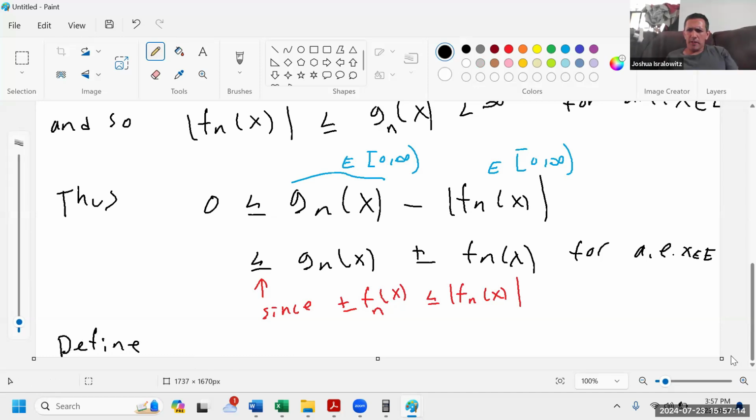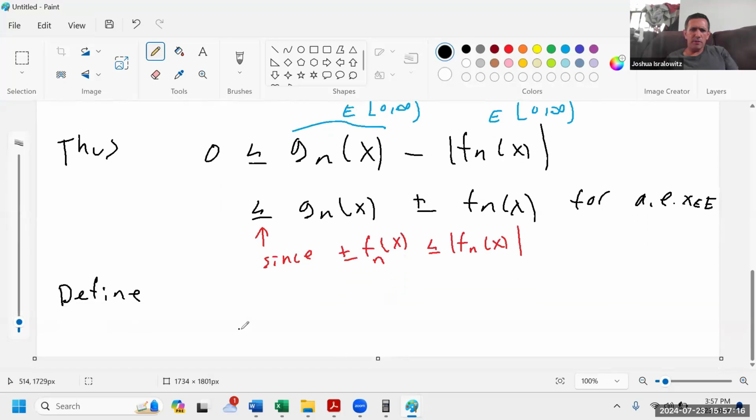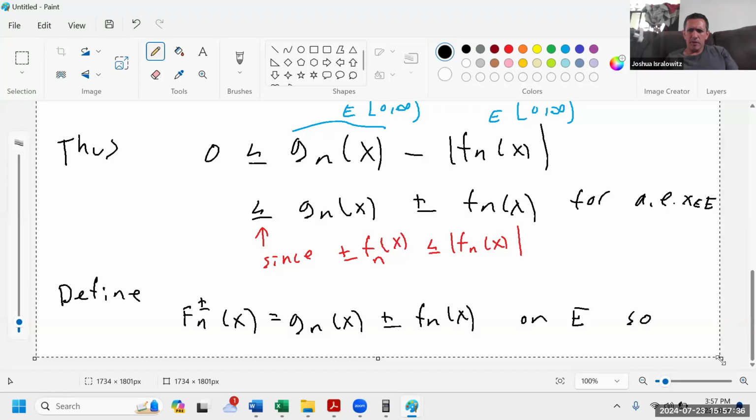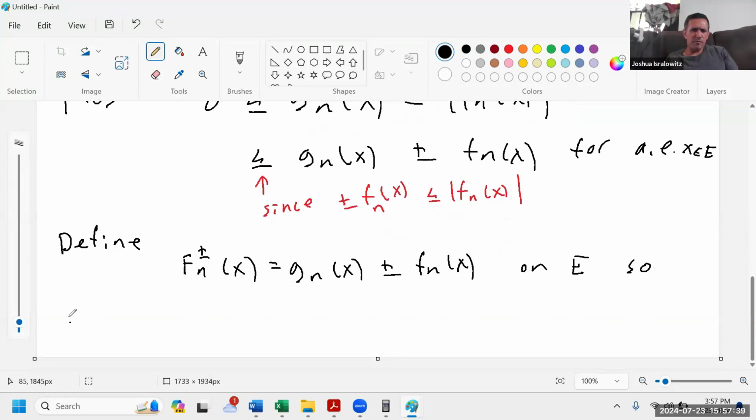So let's define, and I don't know how useful it is to do this, big F plus or minus n of x to be, let me not even say on E, so forget I said that.